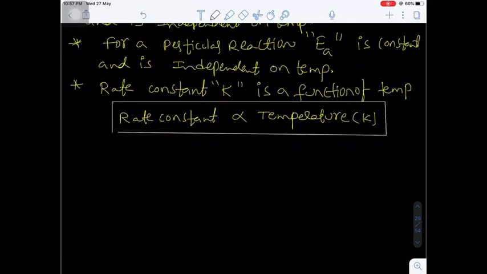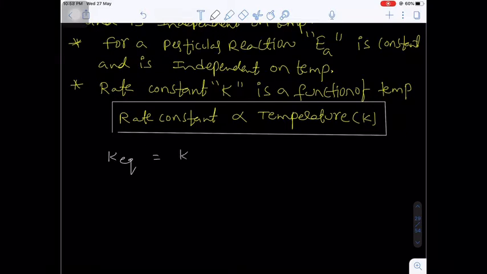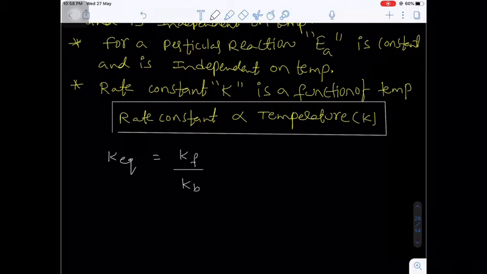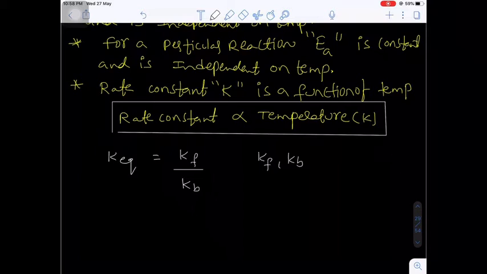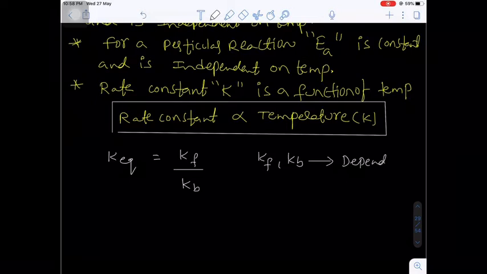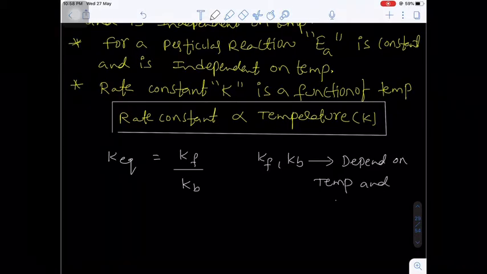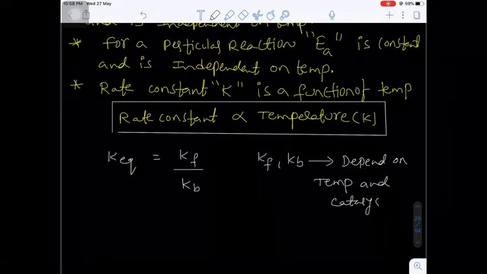That is very important. Okay, now here you see, what is the equilibrium constant formula? Rate constant of forward reaction divided by rate constant of the backward reaction. Before going to that, rate constants forward and backward depend on temperature and catalyst.